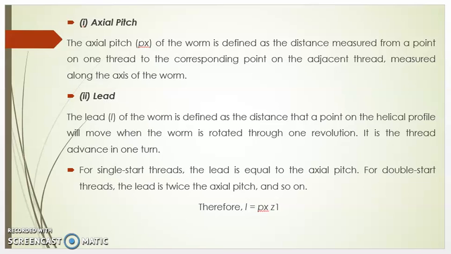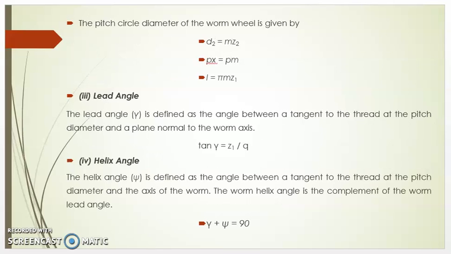For double start threads, the lead is twice the axial pitch, and so on. Therefore, L is equal to Px into Z1. The pitch circle diameter of the worm wheel is given by D2 is equal to M into Z2. Therefore, Px is equal to pi into M. Therefore, lead L is equal to pi M into Z1.